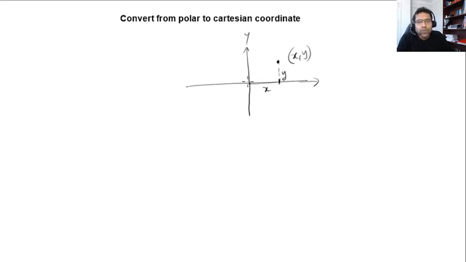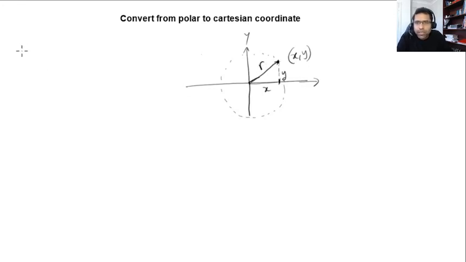But when we say that the point is moving along a circle, creating a circular path, and the radius of the circle we consider as r, that's how polar coordinates come.